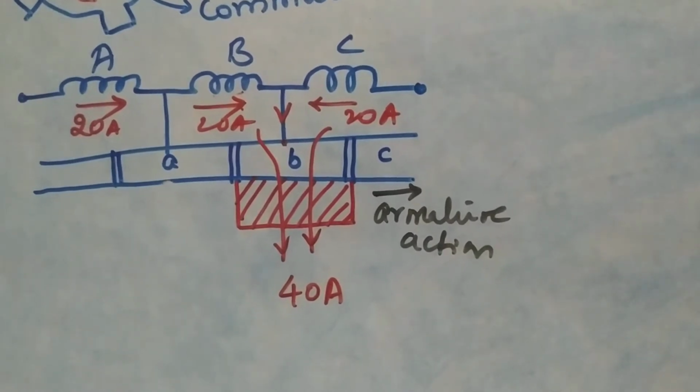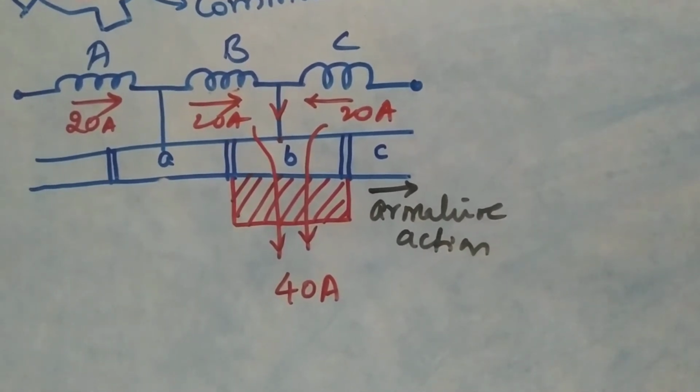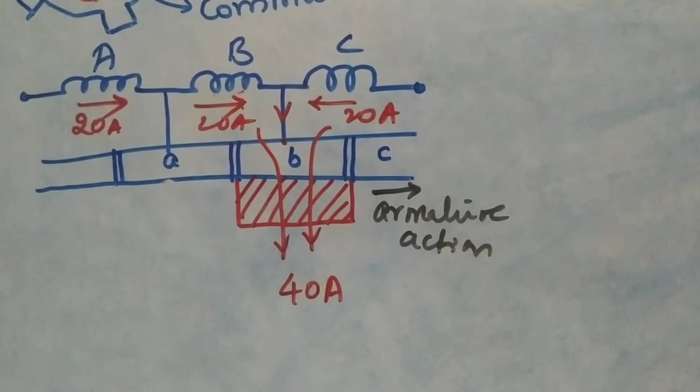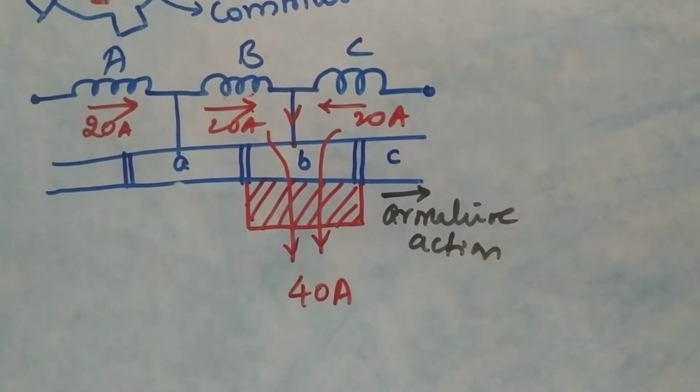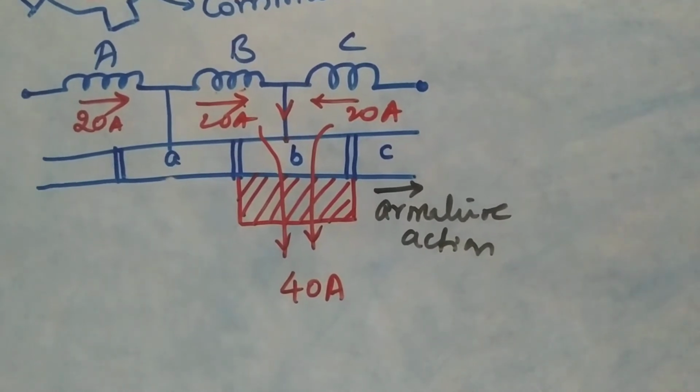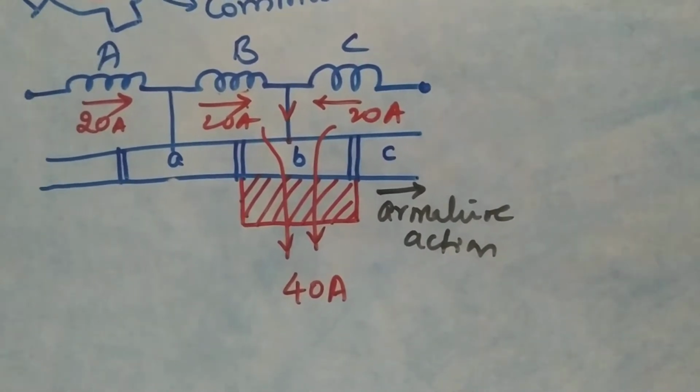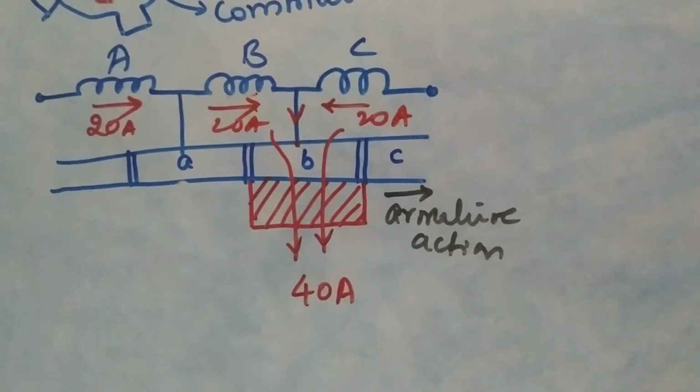Before coil B is short circuited, it belongs to the group of coils lying to the left of the brush. So here it is carrying a current of 20 amperes from left to right.